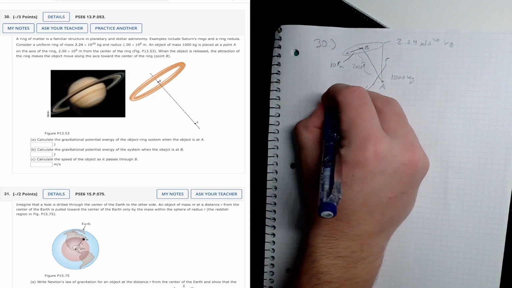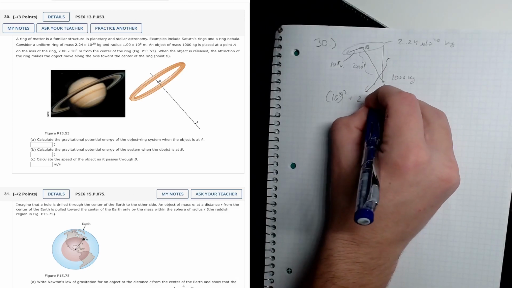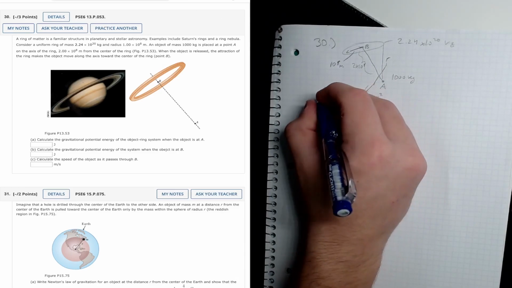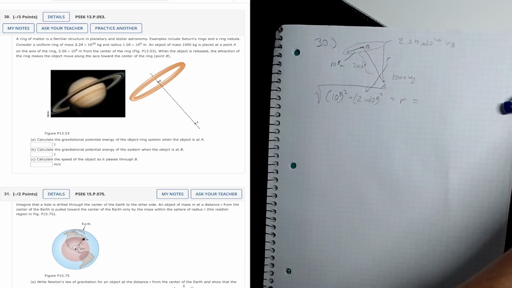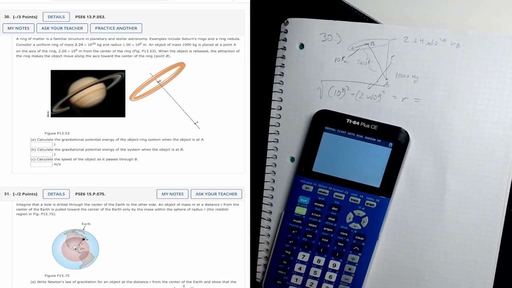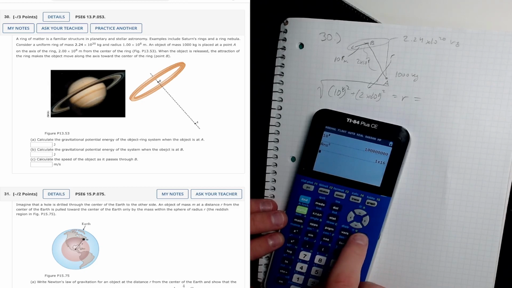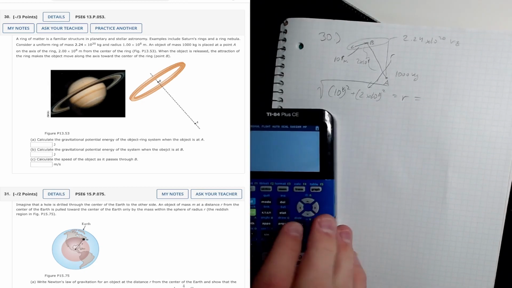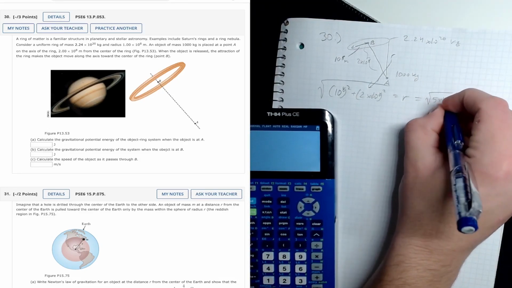So it's going to be 10 to the 8th squared plus 2 times 10 to the 8th squared, all square rooted, equals R. In our case, 10 to the 8th squared plus 2 times 10 to the 8th squared, that's 5 times 10 to the 16th, equals square root of 5 times 10 to the 16th.